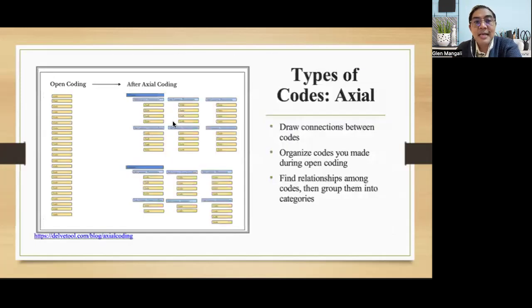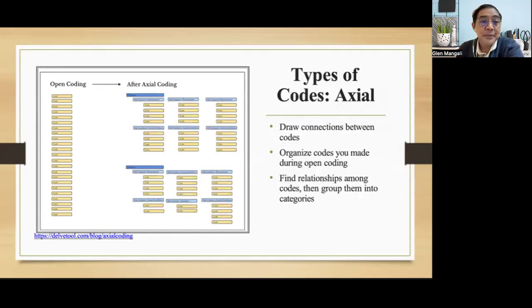It looks like this. For example, there are 50 open codes. And then from the 50, you categorize them or you group them based on their similarity. Their connection can represent a way of organizing them. And when you group them already and you can identify one central theme or central message in the codes, then you can identify them as a category.